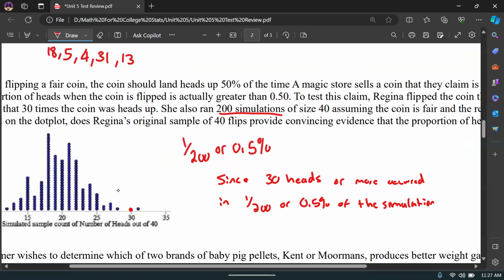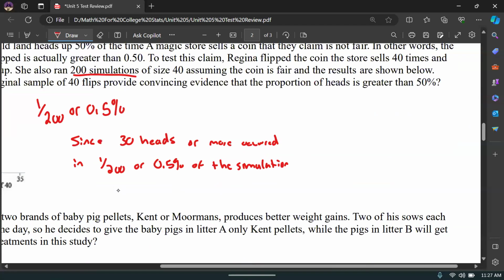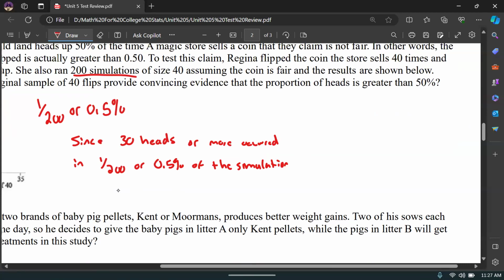This is less than 5%, of course, because it's 0.5%. So this is convincing evidence that the quarter is rigged. 30 heads or more occurred in simulation.